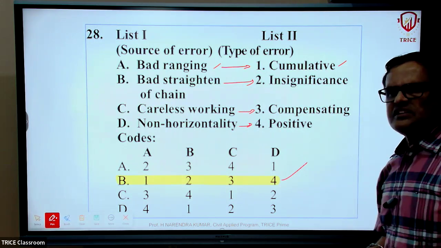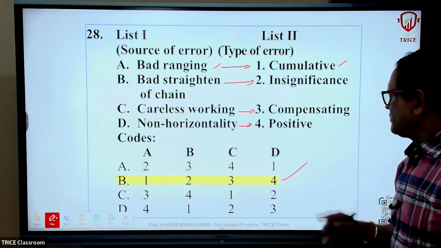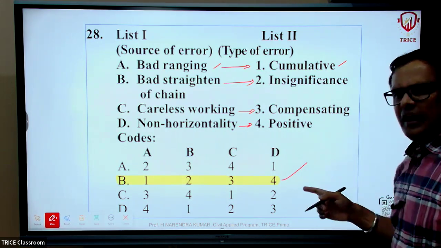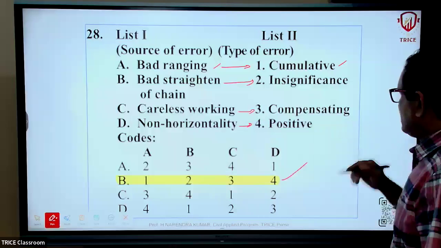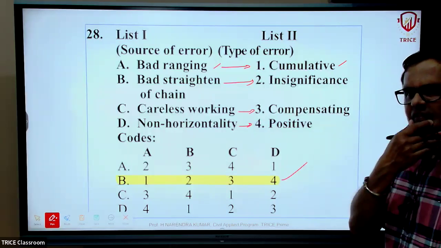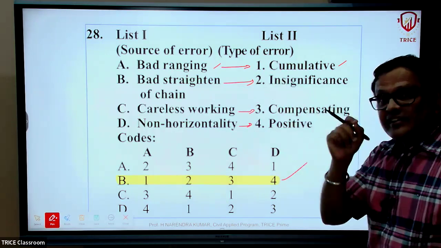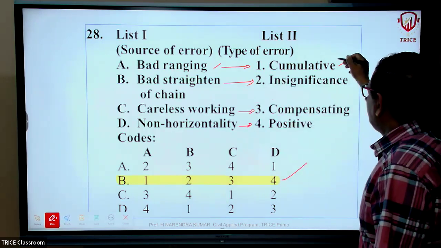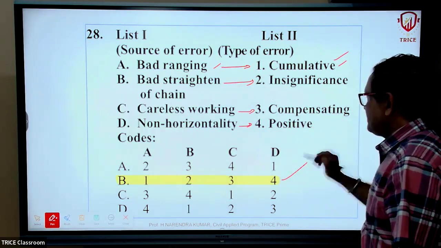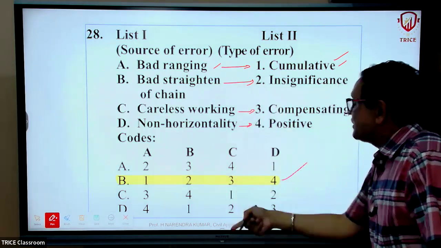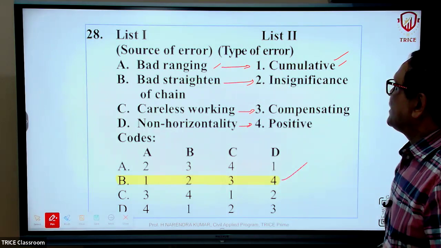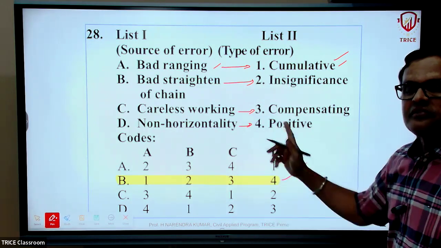You know that errors in surveying, non-horizontality in our survey, gives us the positive values. But as I said earlier, I got the answer for the bad ranging already. I know this is cumulative. I can easily, without looking into other list, other sources of error.